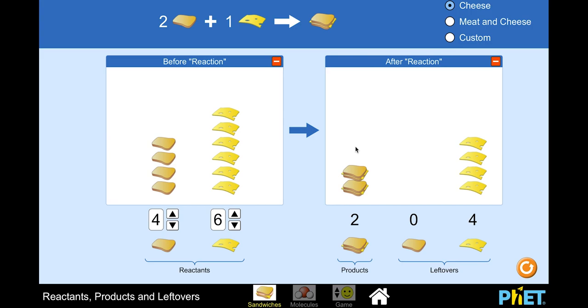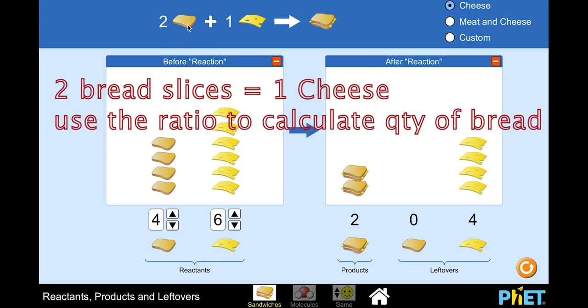Then after getting that, we can use this relationship after getting the quantity of cheese reacted in the initial reaction. So the relationship to calculate the slices of bread used. So like here, we know one cheese requires 2 slices of bread.